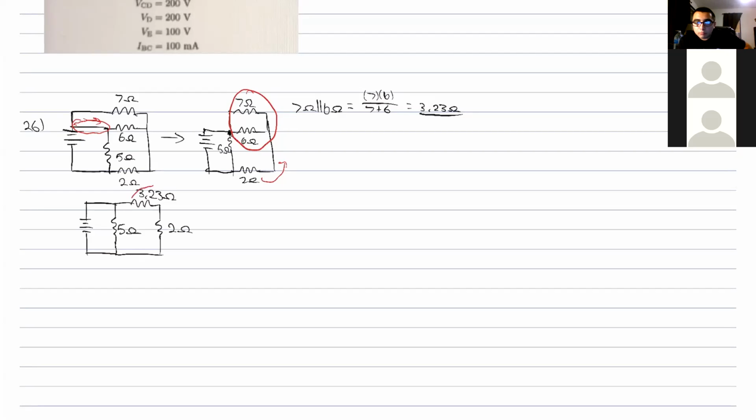Now by looking at this, we can see that we have a series combination here. And whatever that gives us is going to be in parallel with this 5 ohm resistor. So we can find our equivalent resistance by adding the 3.23 ohms plus 2 ohms, that combination in parallel with 5 ohms.